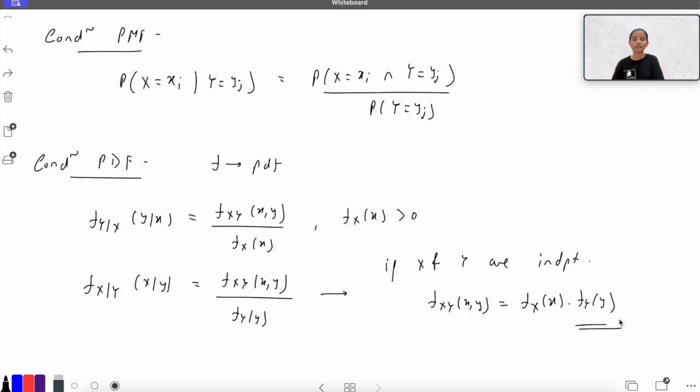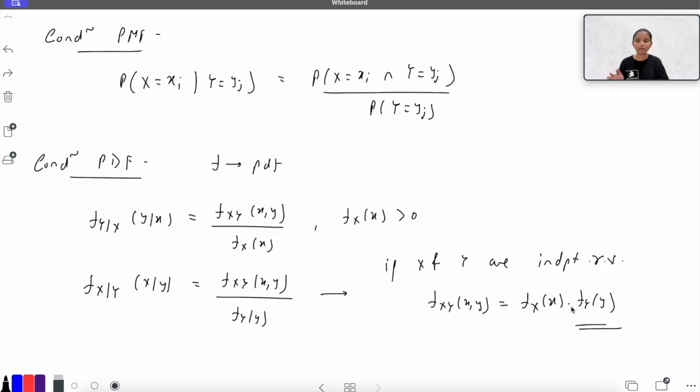Just like we have discussed independence in the probability case, the same scenario follows here: if X and Y are independent random variables, then you can write the joint distribution as the product of the marginal distributions. So this was about all the concepts that we are going to use: the two-dimensional distribution, how to find the joint from the marginal, conditional PMF, conditional PDF, all these things.